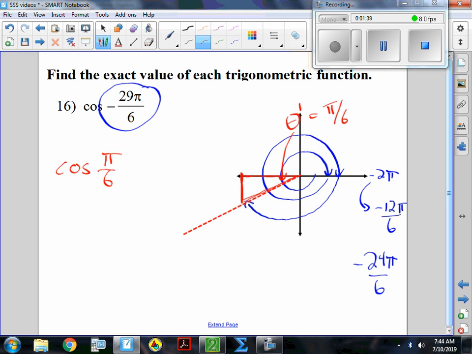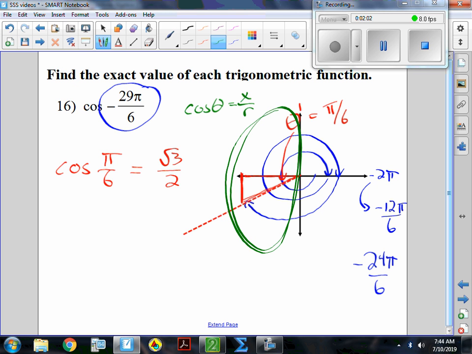So cosine of pi over 6, the smaller angle, is 30 degrees. Cosine of 30 degrees is square root of 3 over 2. So cosine pi over 6 is going to be square root of 3 over 2. And then cosine, by definition, cosine theta is equal to x over r. I know that the x's are negative on the left side of the graph.